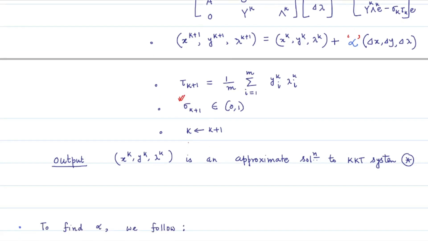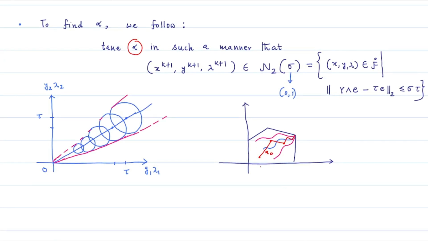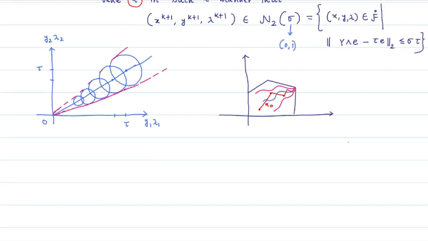And this entire method is known as the interior point method because we are moving in the interior of the feasible set, and that's why it is named the interior point method. And the fascinating result on assuring that after a certain number of iterations, the value of tau k is going to be less than epsilon, your tolerance level or your precision scalar. The result is as follows.